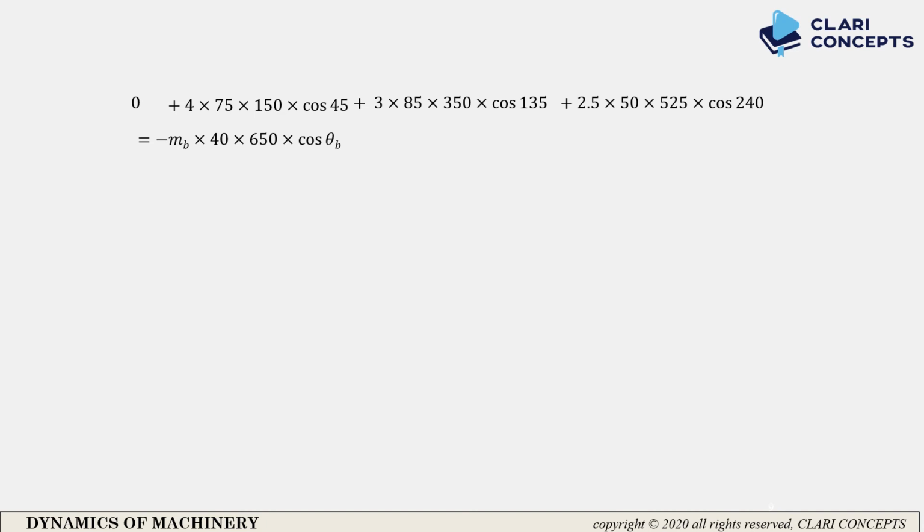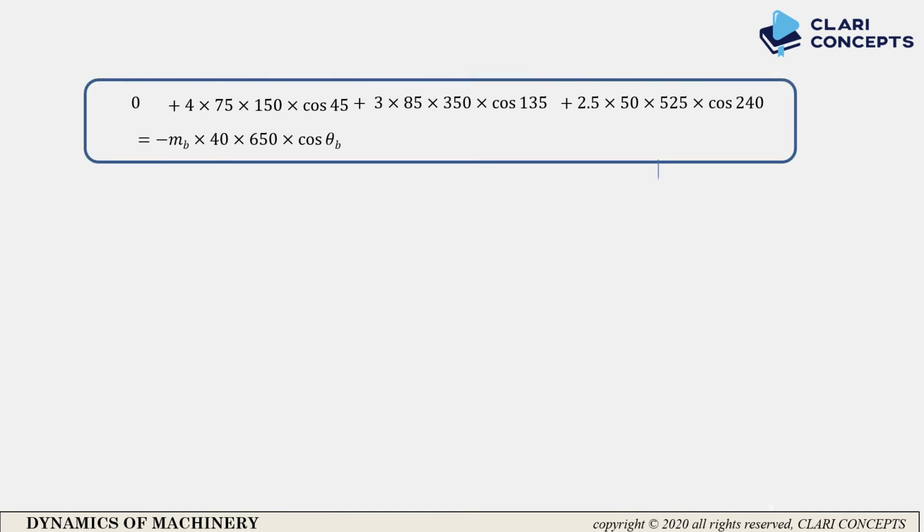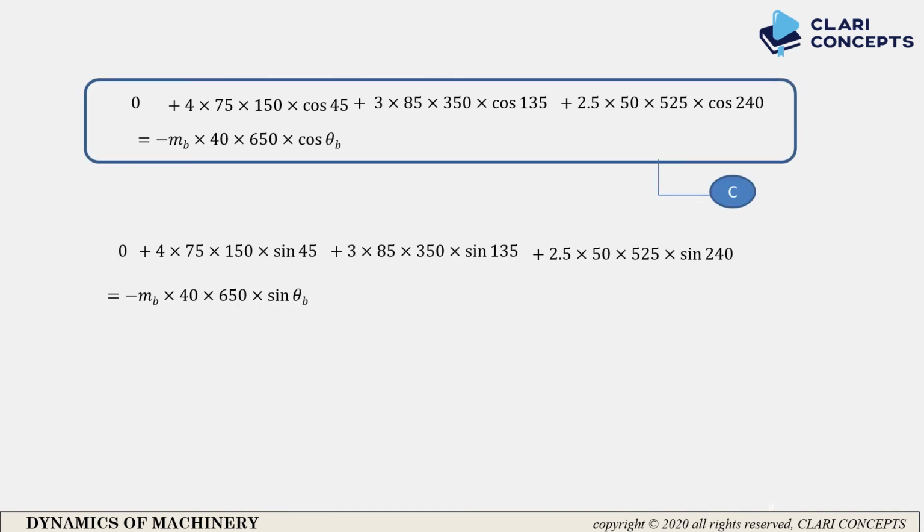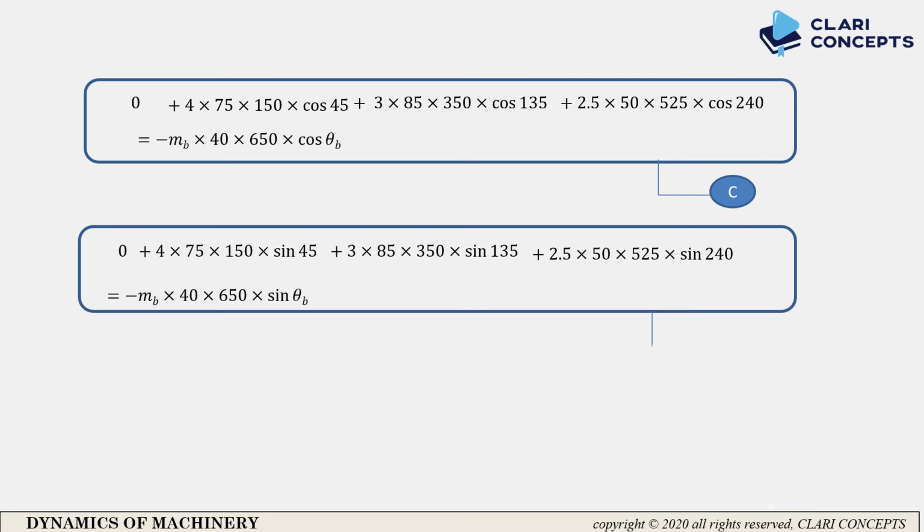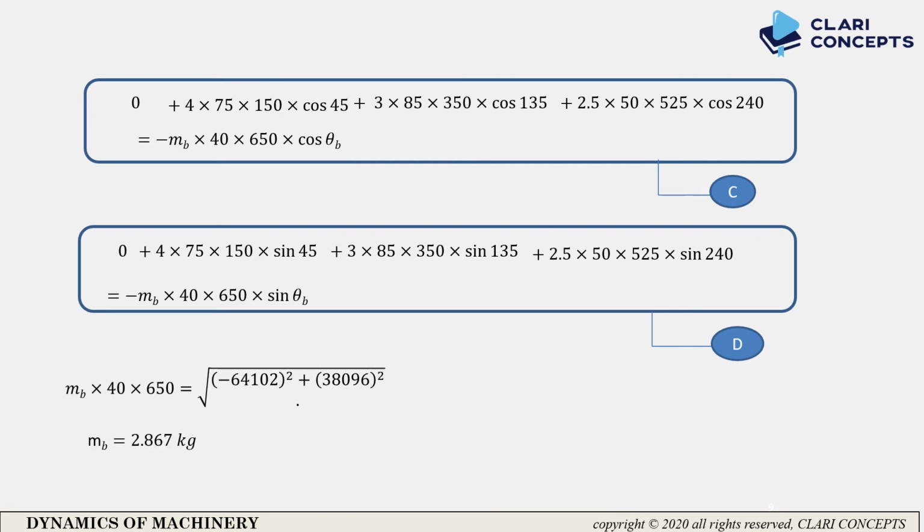So here it will be negative, which is known as equation C. And the same for the sin theta terms, in which mb into 40 into 650 into sin theta b will be written on the right side of the equal sign, which is why it has a negative sign, known as equation D. Now from equations C and D, mb into 40 into 650 is equal to the square root of the known values, and by solving that you will find mb is equal to 2.867 kg.